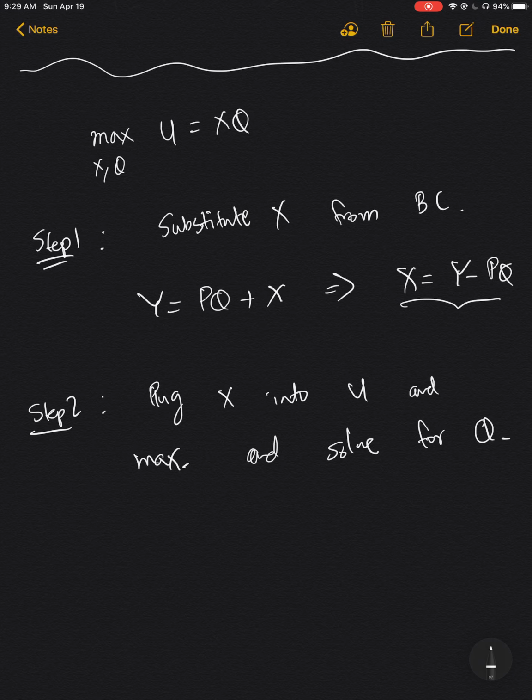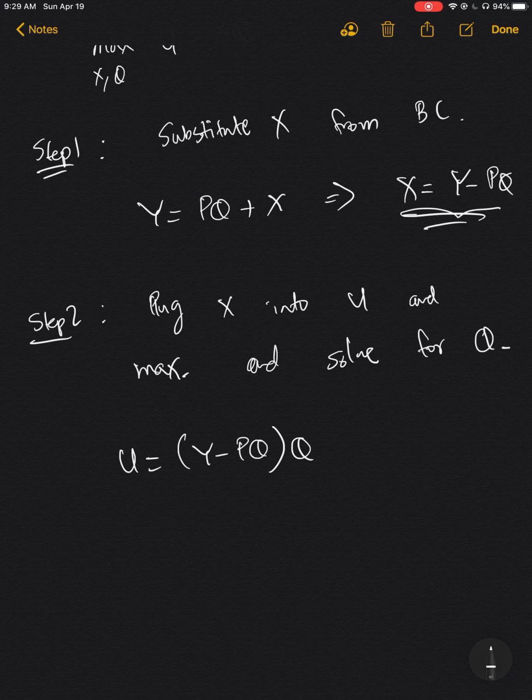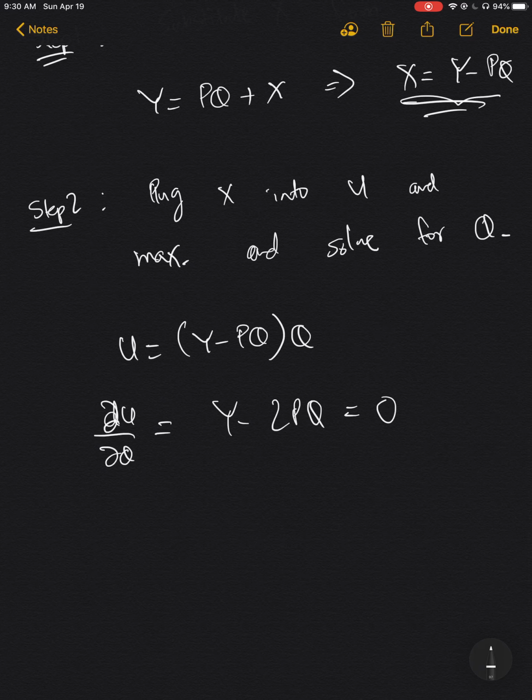So what are we going to do? We take this X we found and plug it into U, and we get this. Then we take the derivative with respect to Q, so partial U over partial Q. We get Y minus 2PQ equals 0, and then we solve for Q. If we do, we get Q equals Y over 2P.